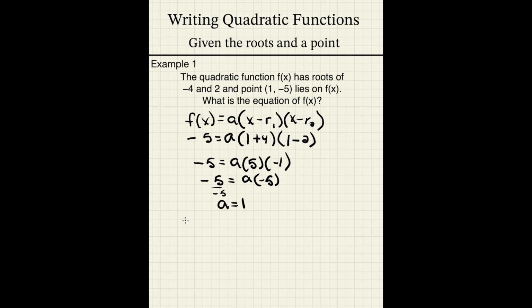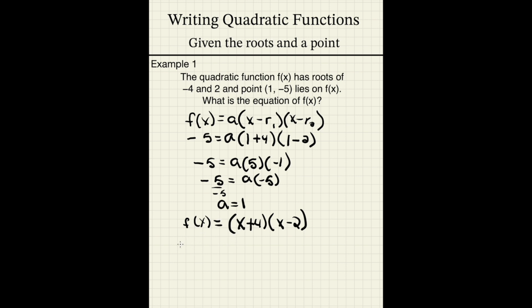So we know that f of x equals 1, or you don't even need to write it, (x minus, what is that root? -4, so plus 4), and then (x minus 2). And that is your answer in factored form.